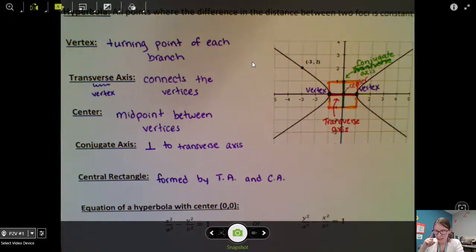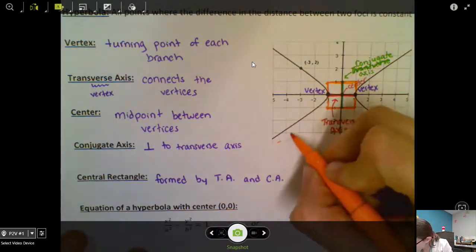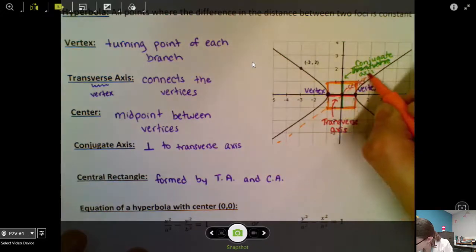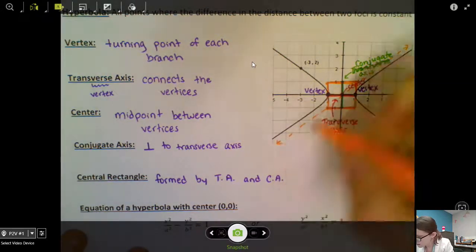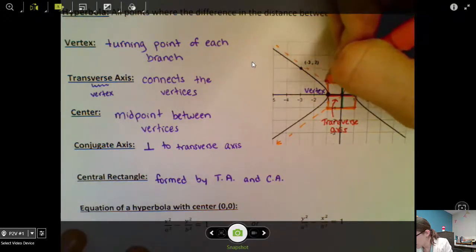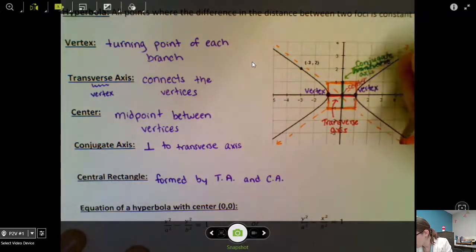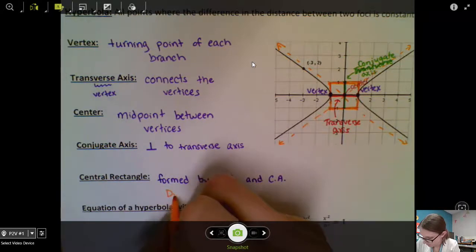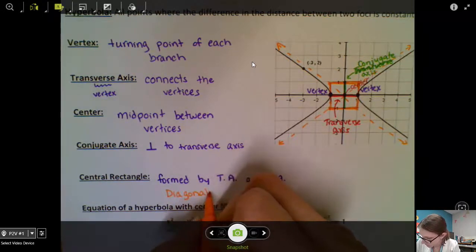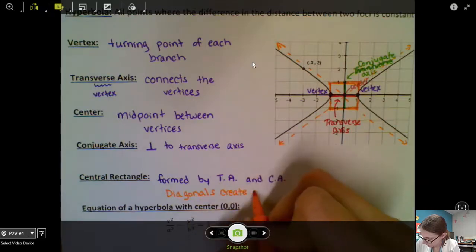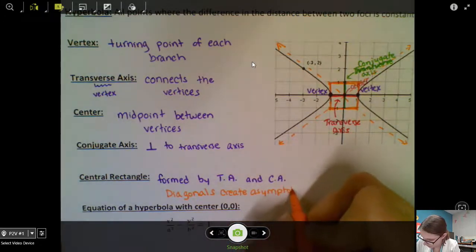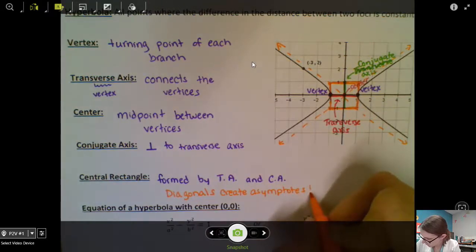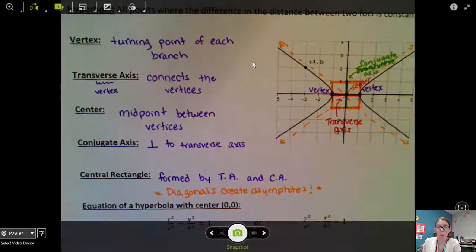The reason this central rectangle is important is because the diagonals of the central rectangle form asymptotes for our hyperbola to follow. So that is the main reason that our central rectangle is important, because hyperbolas have these asymptotes as well.